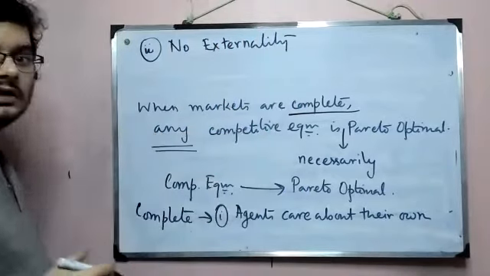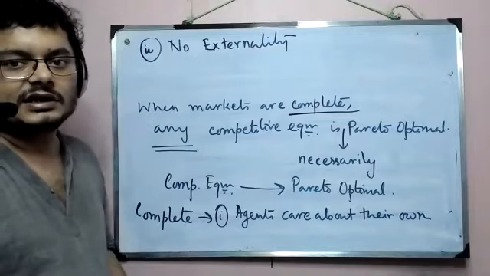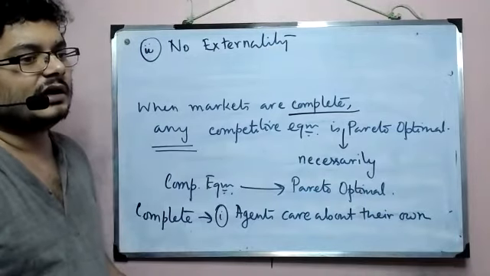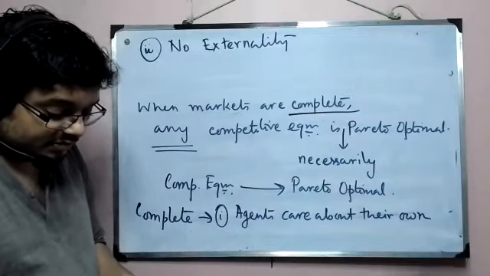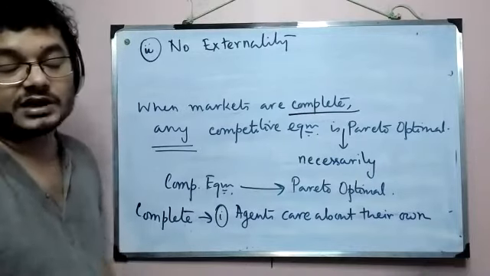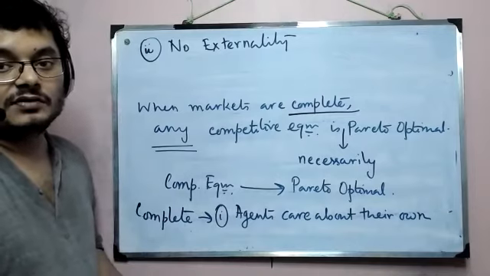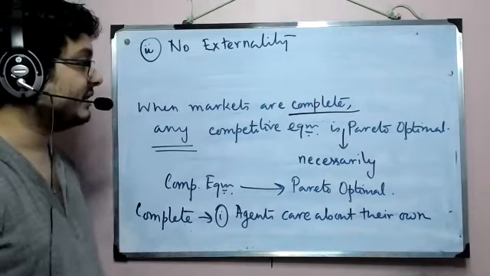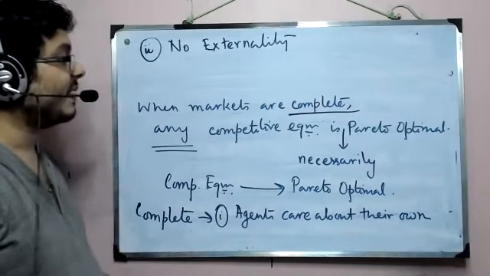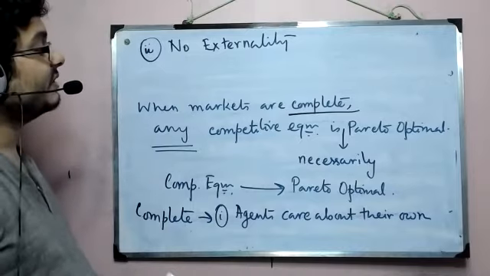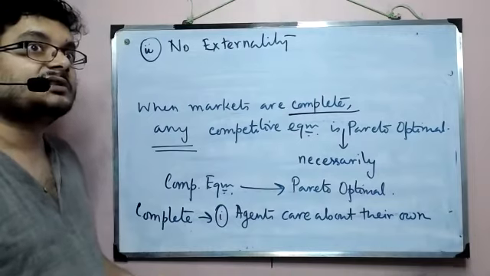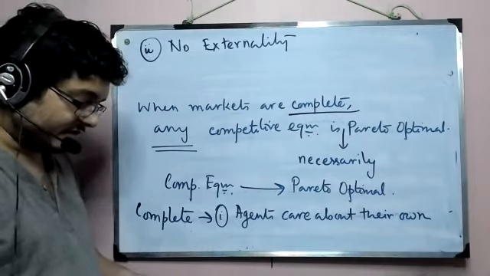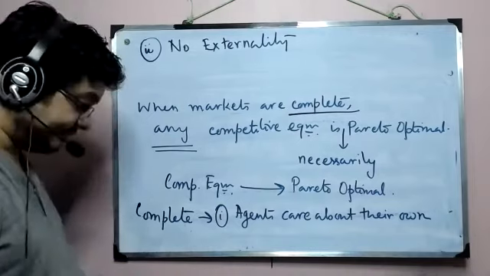If it does that always, then there is no way I can be better off without making you worse off, because you are already worse off just because I'm consuming something. Okay, so if you look at the garbage trucks and their emission levels, you can see what we mean here by externality.